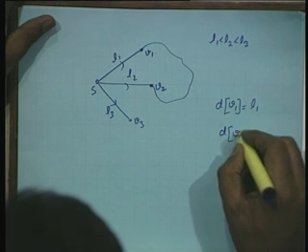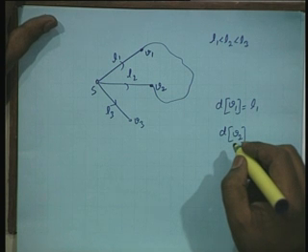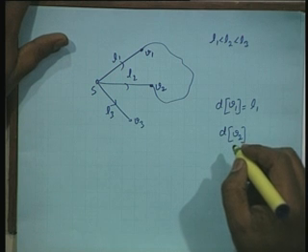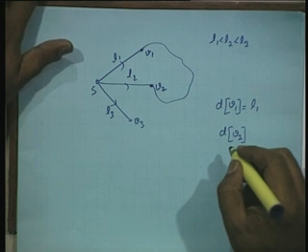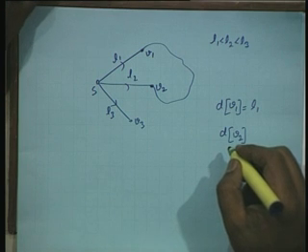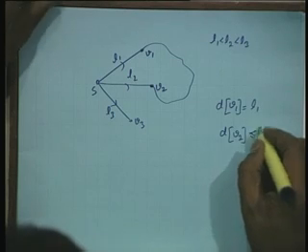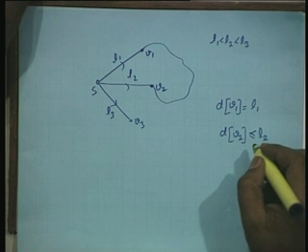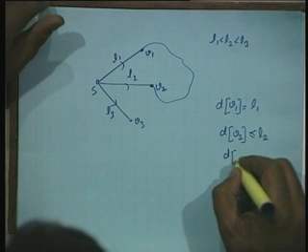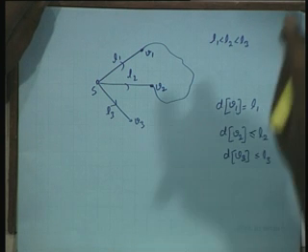D of V2, what can I say about that? Greater than L1? Greater than L1, okay, and less than or equal to L2. Let us just put that down, okay. And similarly, the distance of V3 is less than or equal to L3.